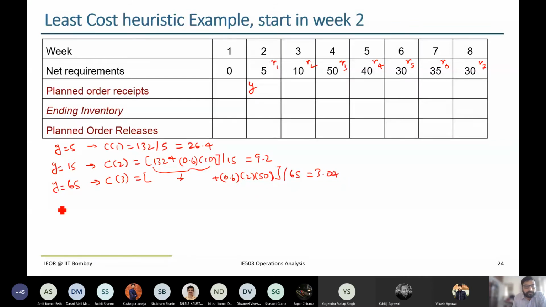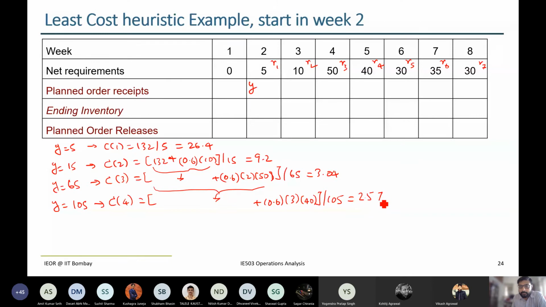Still reducing. Suppose I produce for 4 periods' worth of inventory, then it's 105. So it is C of 4. This is nothing but this plus 0.6 into 3 into 40, divided by 105, which comes out to be 2.57. Again, it is decreasing.